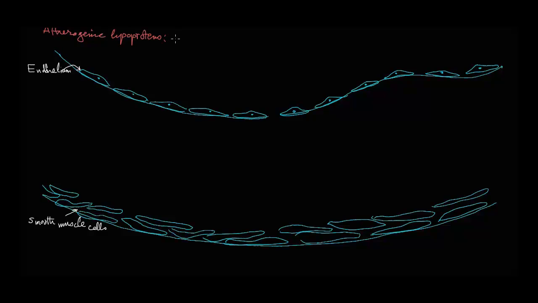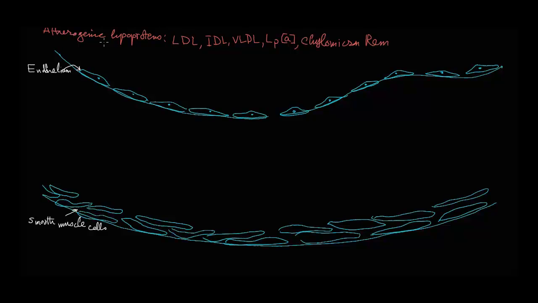Just to recap with the atherogenic lipoproteins, we mentioned that they include LDL. This is the most common type, but they also include the IDL and the VLDL and the Lp(a), the special LDL-like particle which we talked about. In addition, we have the chylomicron remnants.